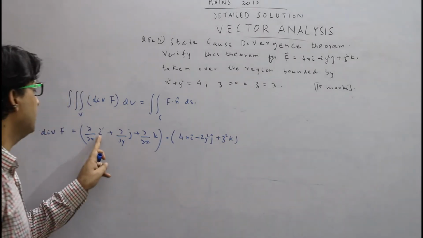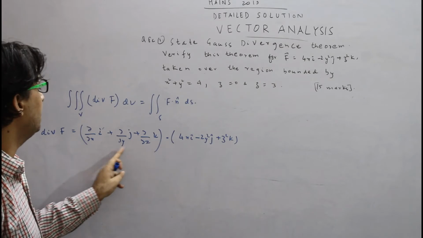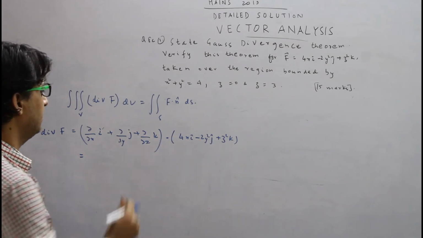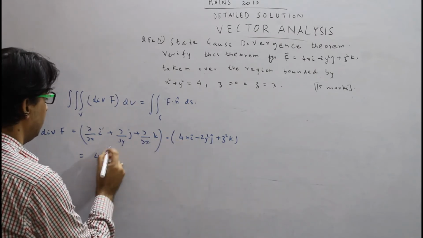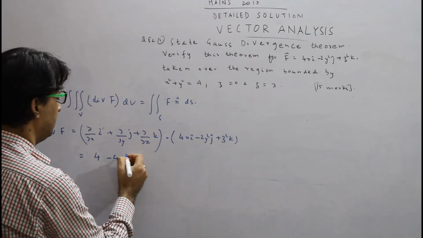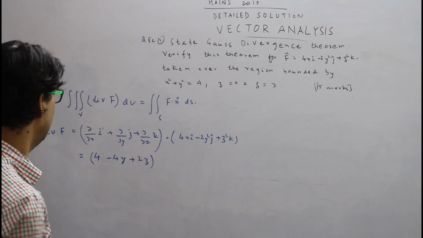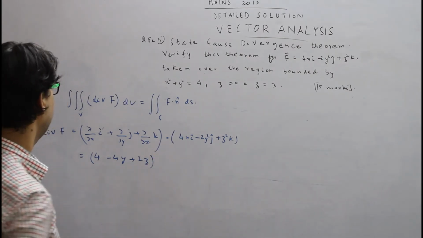So we will differentiate the i component with dou by dou x, the j component with dou by dou y and the k component with dou by dou z. And this is a scalar quantity. This becomes 4, this becomes minus 4y, and this becomes plus 2z. There, so we have got our divergence.